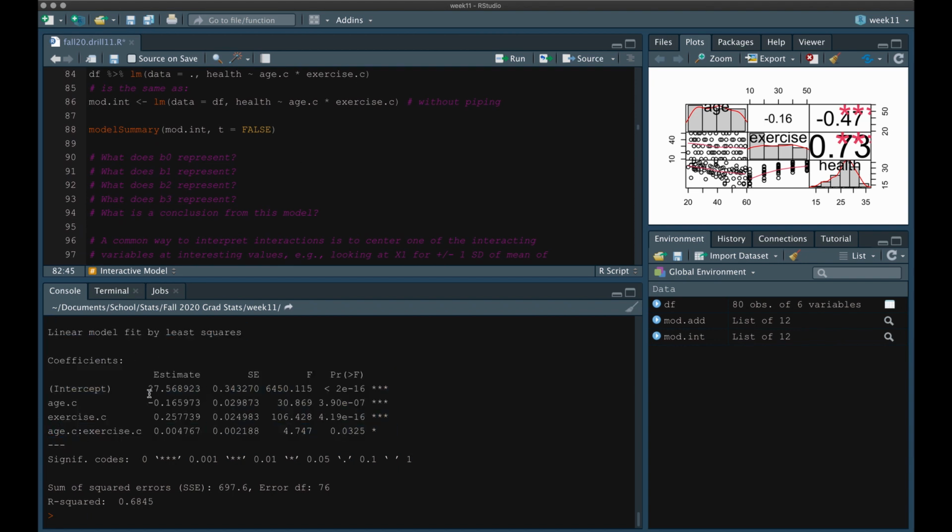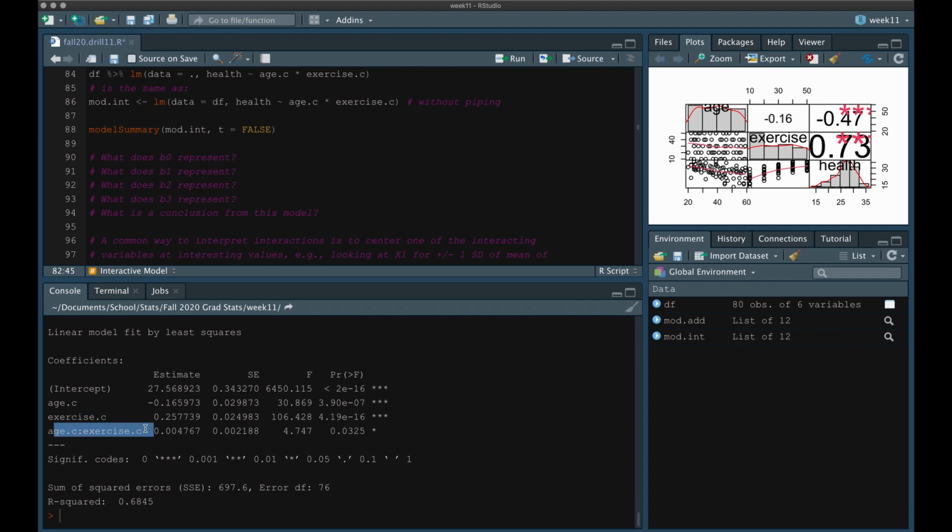So what does B0 represent? This intercept represents the predicted health score where everything else in the model is 0. What does that mean? When centered age is 0, when centered exercise is 0, and when the product of centered age and centered exercise is 0. Centered age means for the average age. Centered exercise means for the average exercise.